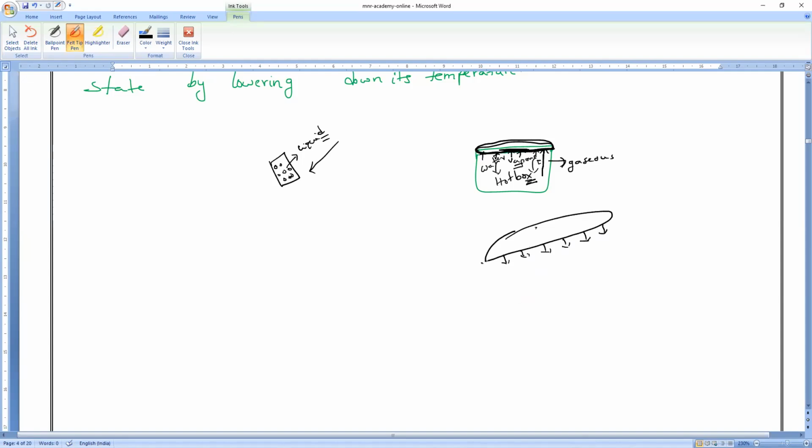When you keep hot food inside a bowl and close it, the hot water vapor goes and hits the lid, and the lid takes out the temperature. So the temperature is lowering. If the temperature is lowering, then this gas will condense back into what? Everybody. The gas will condense back into liquid. That liquid will stick to the surface of the lid.